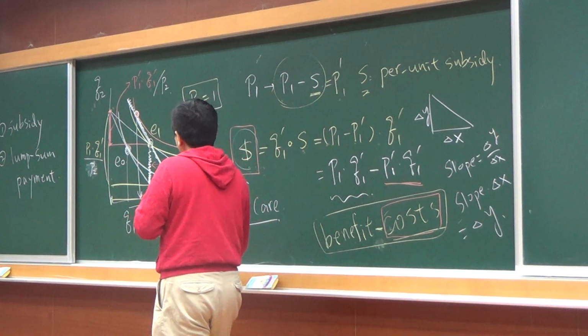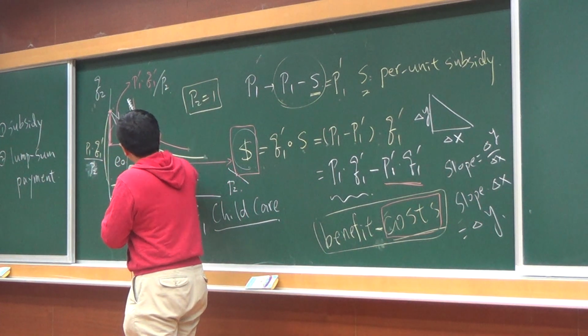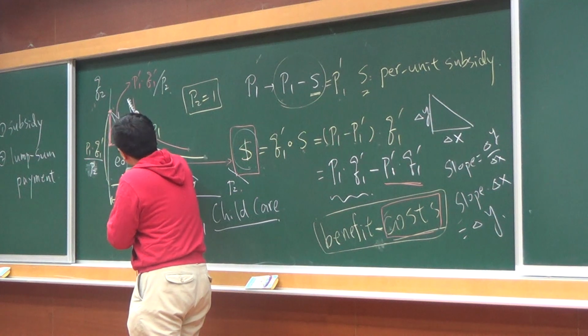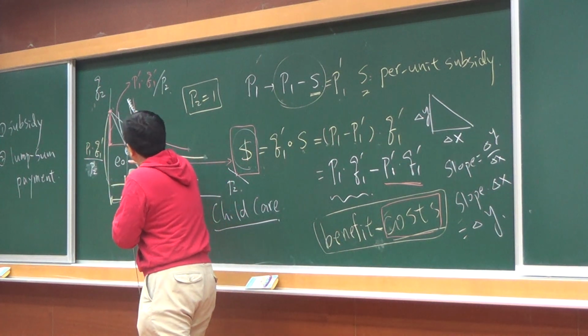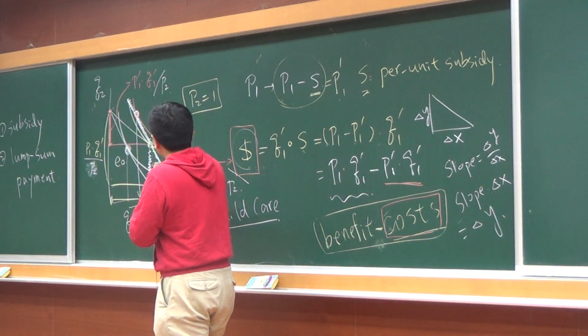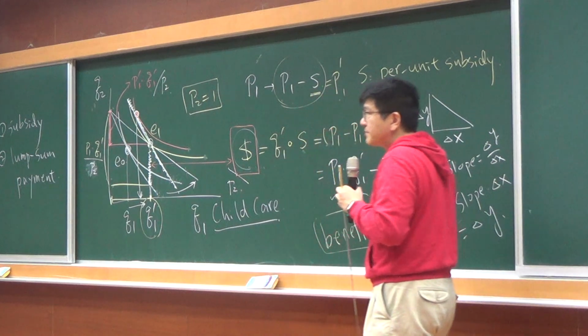Okay? And you transfer this amount just like this amount of Q2, and the amount of money would be Q2 times P2, so the result would be the same.